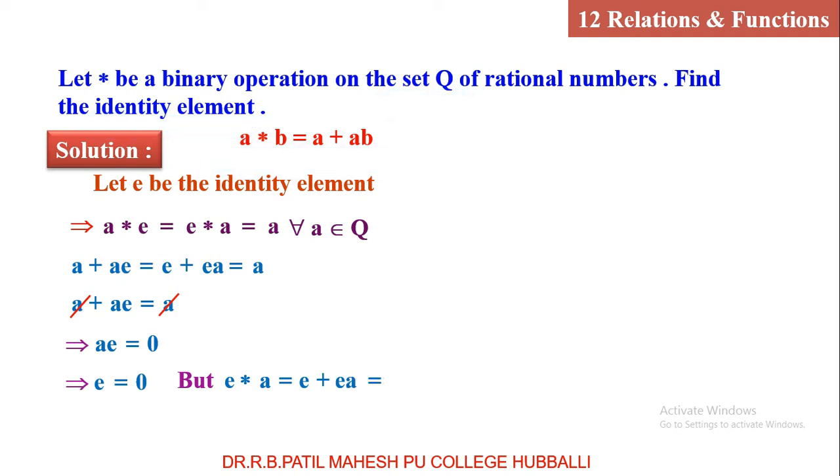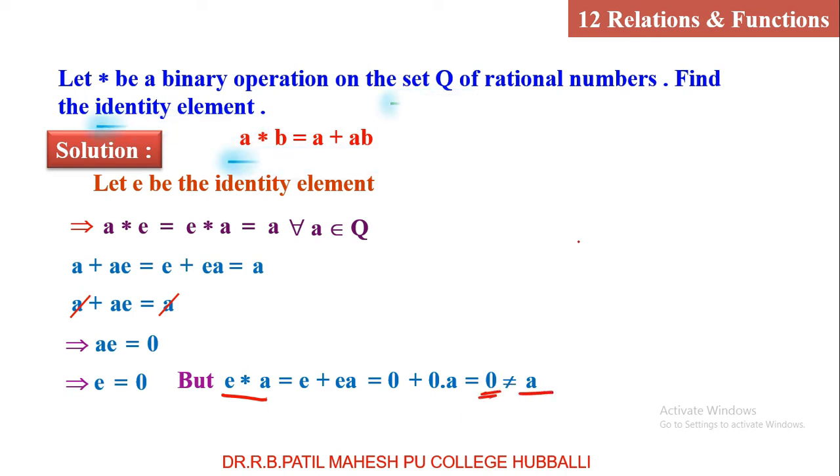Write the value of E here, so that 0 plus 0A, that is equal to 0, but this is not A. Hope you are understanding. E star A, we did not get A. Then what we got? 0 we got.